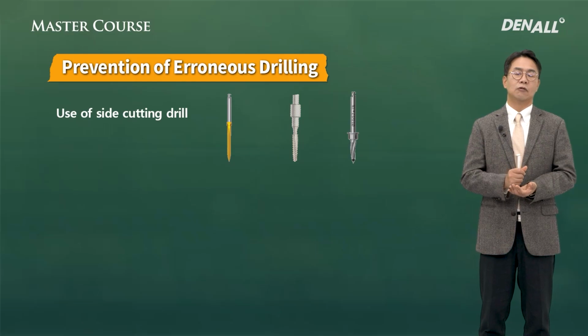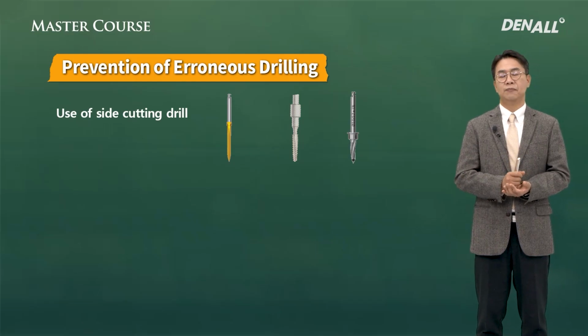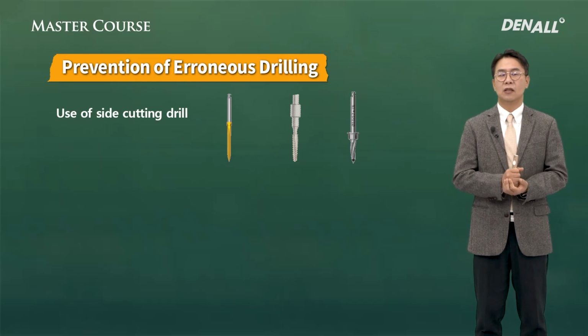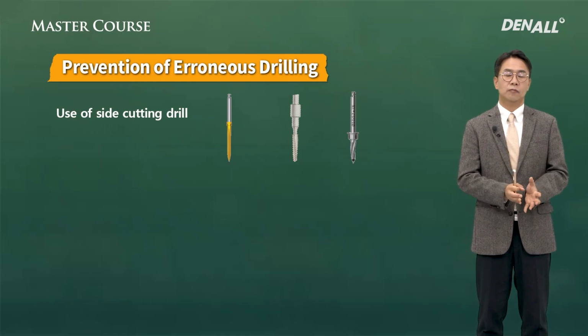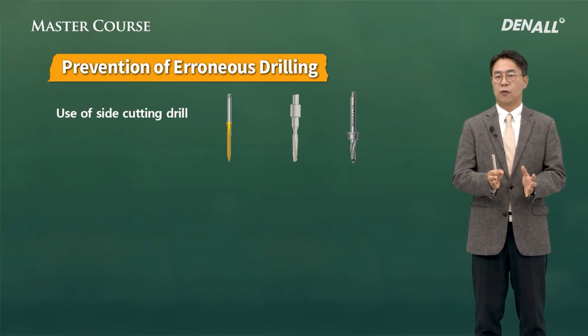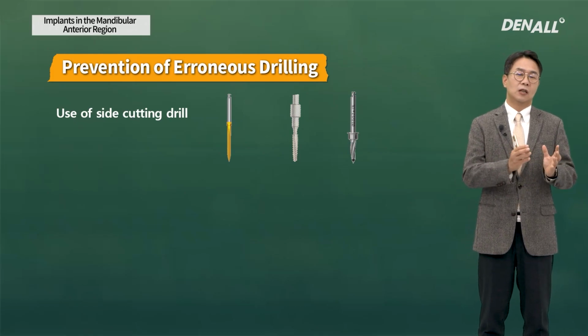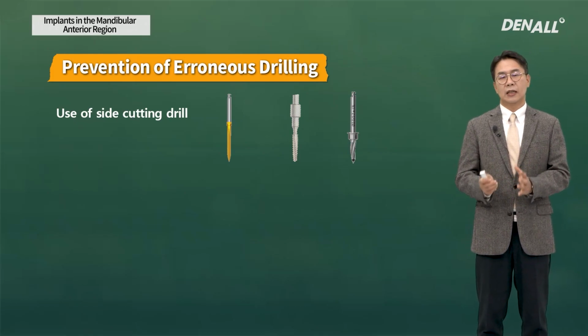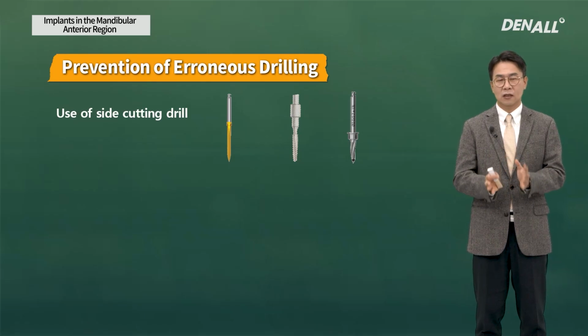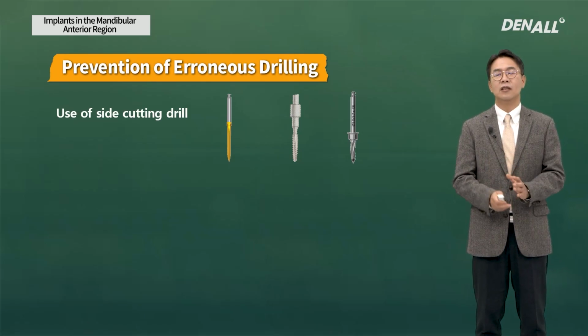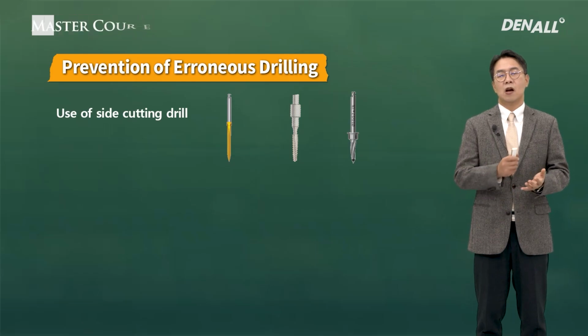In general, the drills that we have do not have the side cutting function. However, OSSTEM's 1-2 tapered kit has the side cutting function. Thus, it is good to use drills with the side cutting capability.